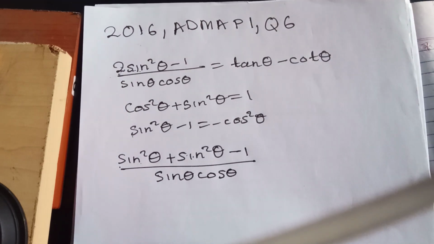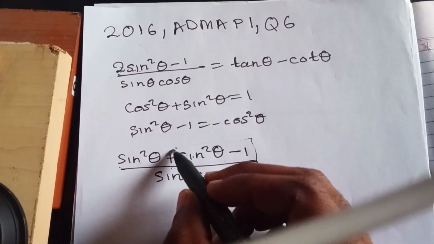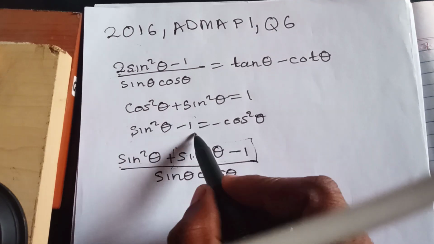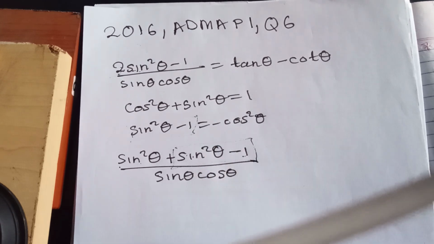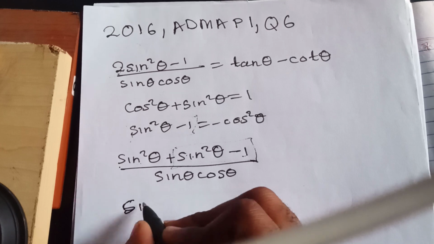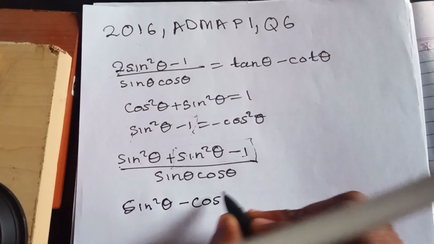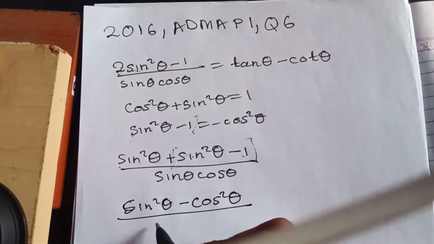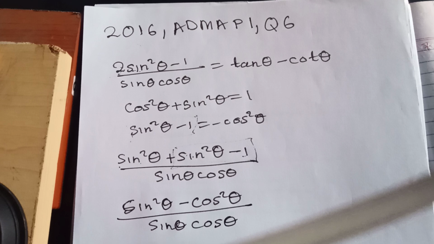Now after you do this, as you can see, this part here is the same as this part there. So where there is this, we can write negative cos squared theta, so that we have sine squared theta minus cos squared theta, everything over sine theta cos theta.